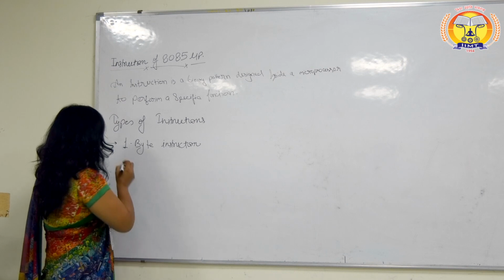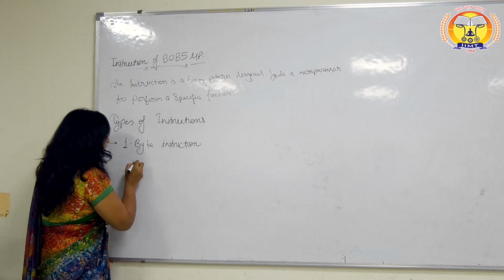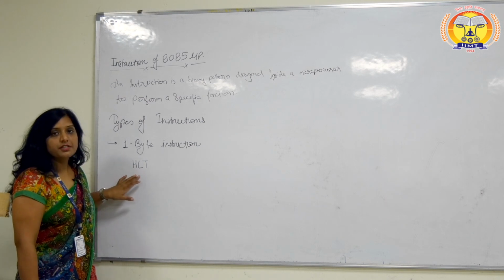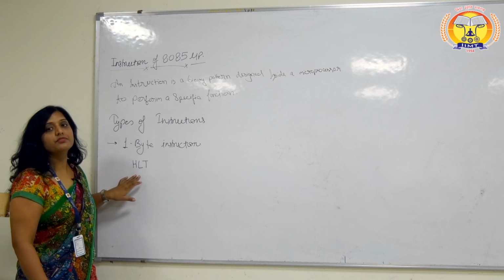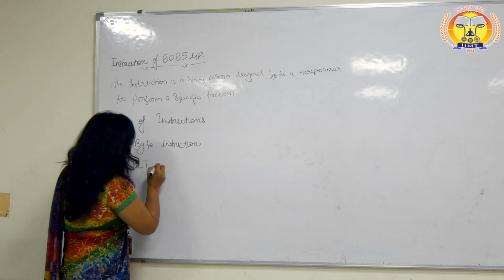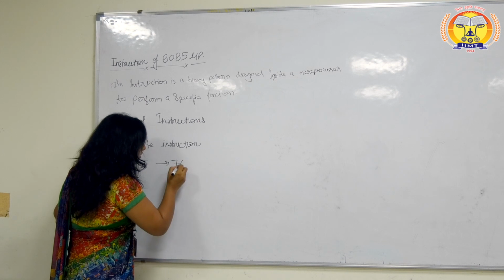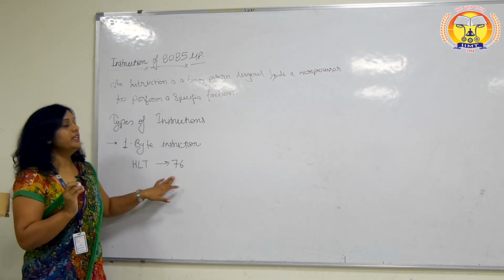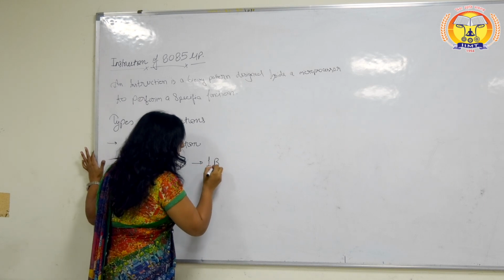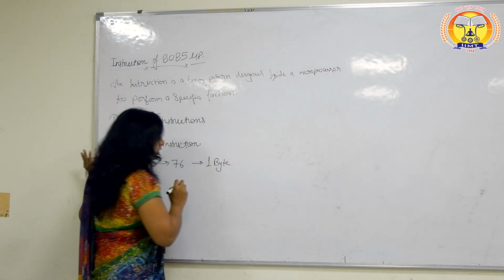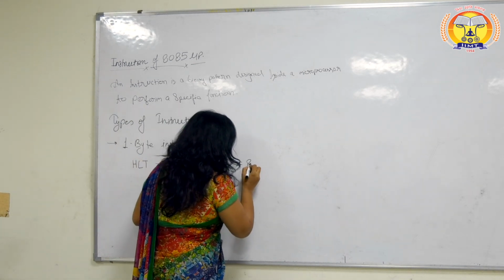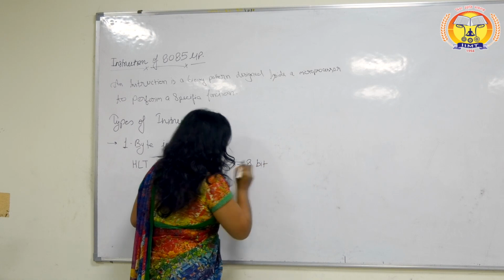For example, HLT, halt. This instruction is used for end of the programming. HLT has its hexadecimal code, that is 76. 76 is a 1 byte hexadecimal code of HLT. 1 byte contains 8 bit.